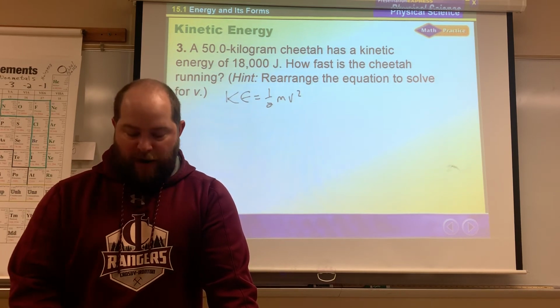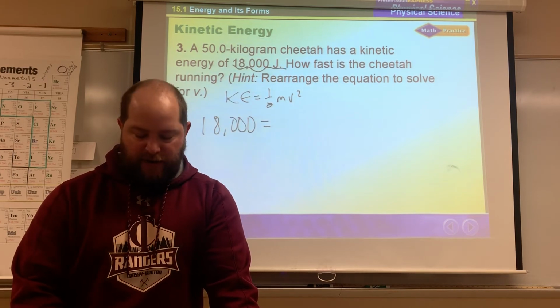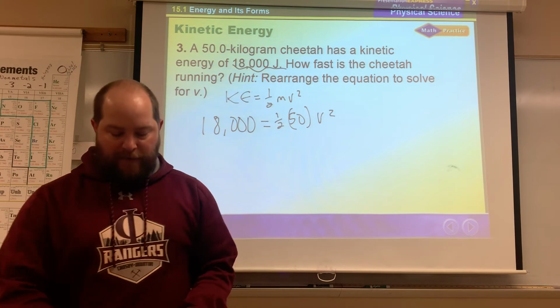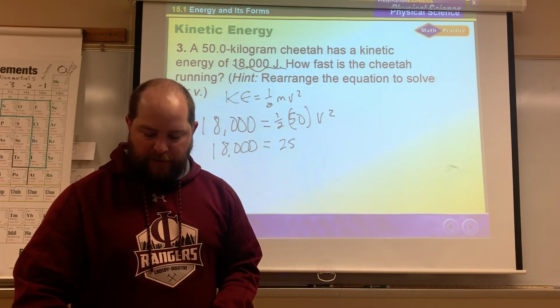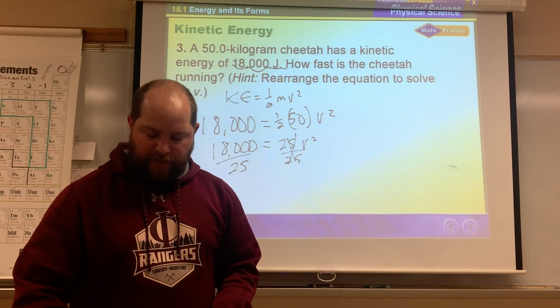With this problem, it's different because we're given the 18,000 joules. So plug that in for your kinetic energy, and then 1/2 times the mass, which is 50, times v squared. All right, now we have it set up. We'll do our algebra. 25 v squared divided by 25 cancels.